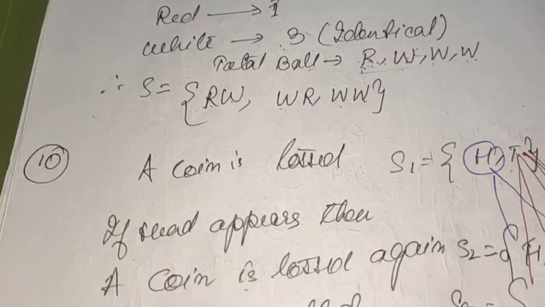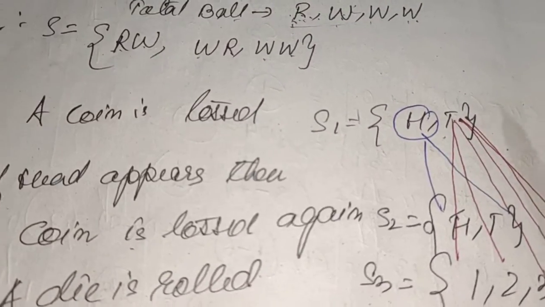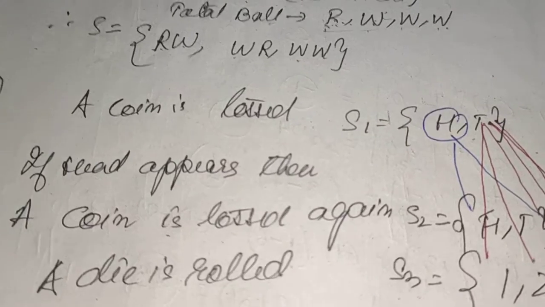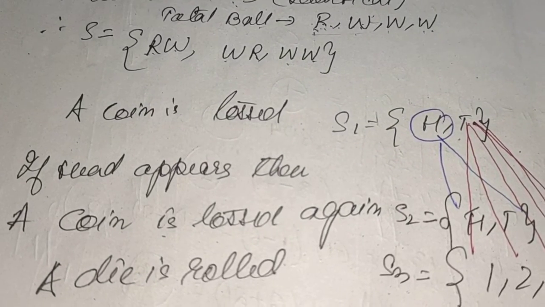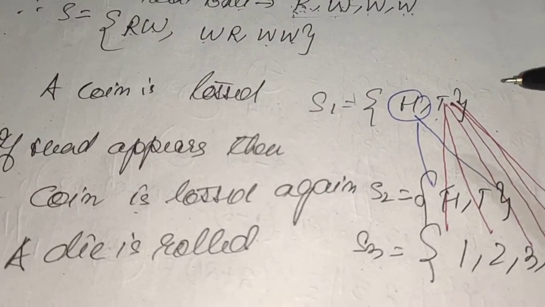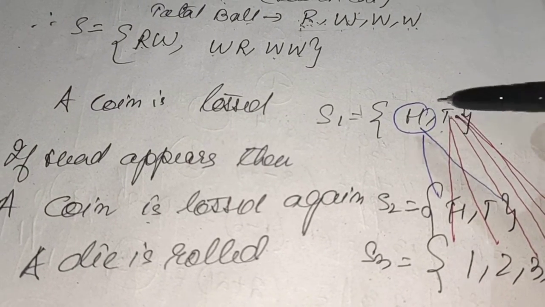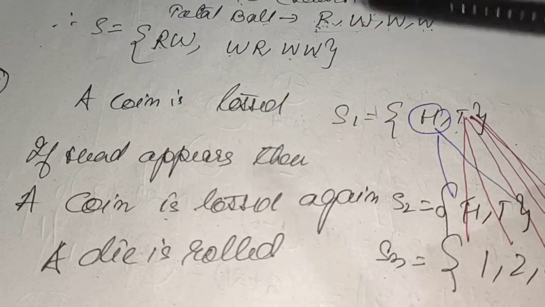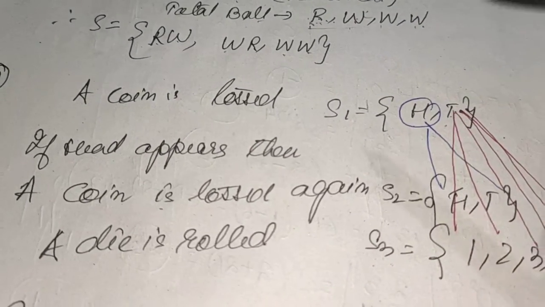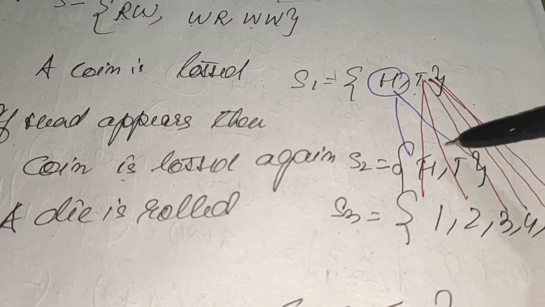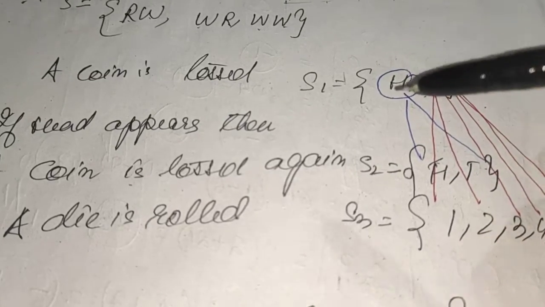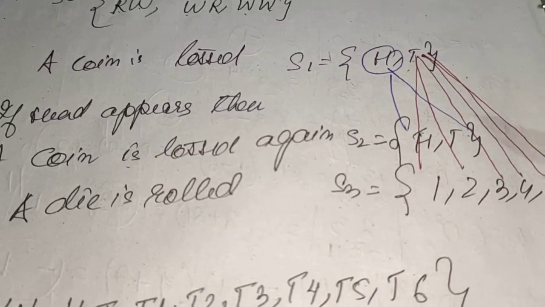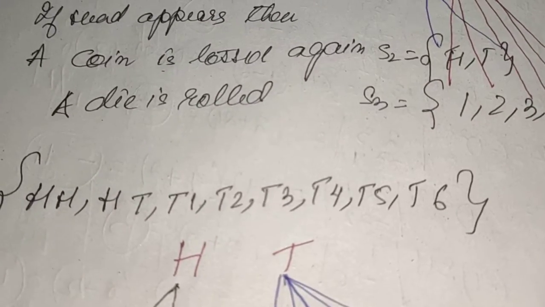Now question number 10. It is said that if a coin is tossed, write down the sample space. When the coin is tossed, it will become head or tail. And then it is said if head appears, then the coin is tossed again, and if tail appears, a dice is rolled.